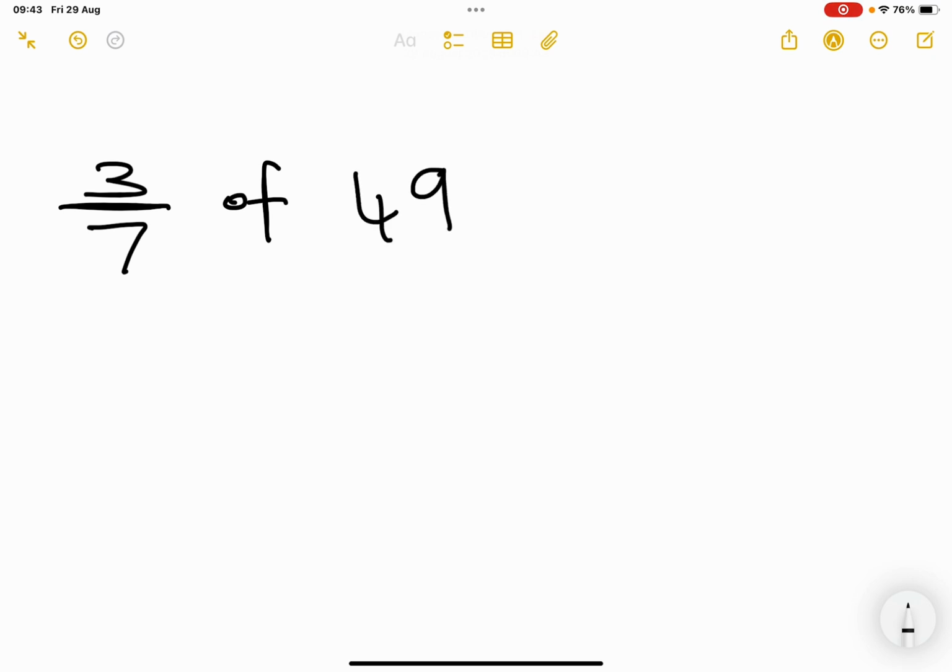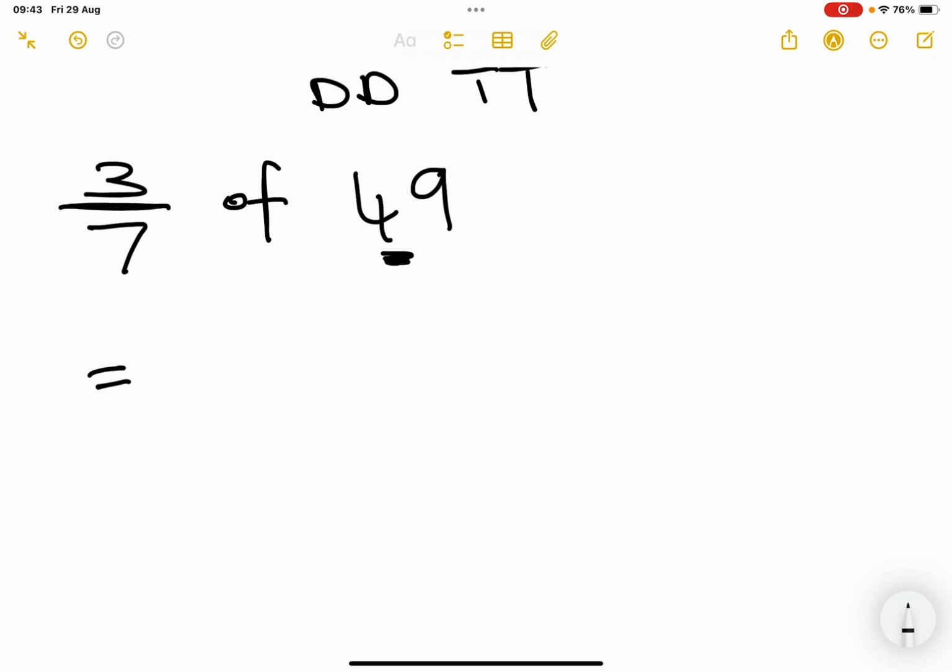Okay, so again, I use my DDTT method. So I'm being asked, if I had to divide 49 into 7 groups and then multiply those groups by 3 of them, what is the value of that?